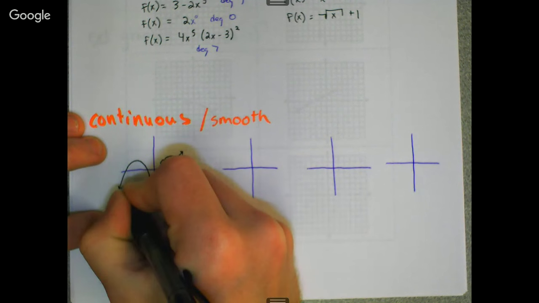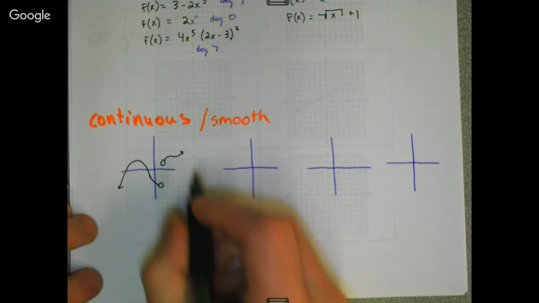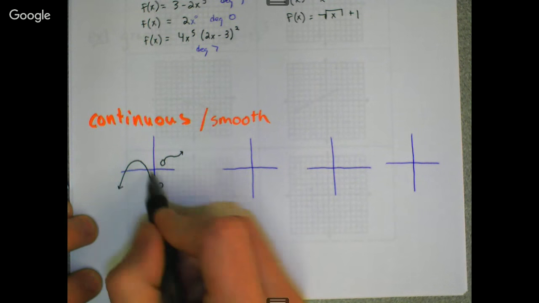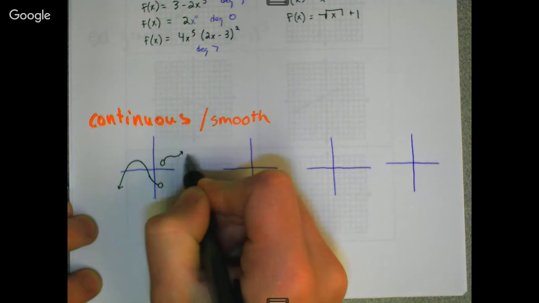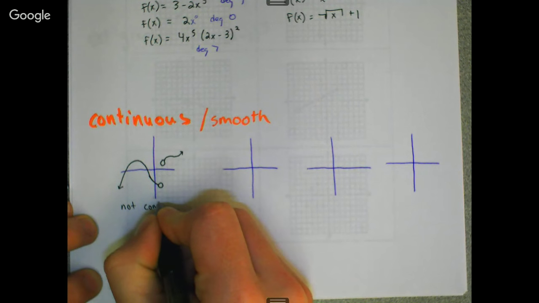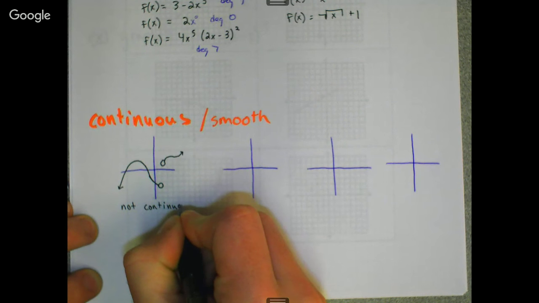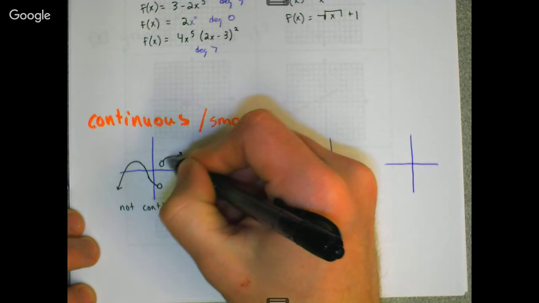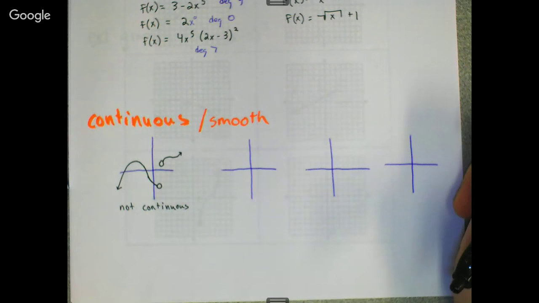So this one here, because it makes this jump from one to the next, you're here and then you have to pick up your pen to continue. This is not continuous. To be continuous, I have to be able to draw the entire thing without picking up my pen or pencil.